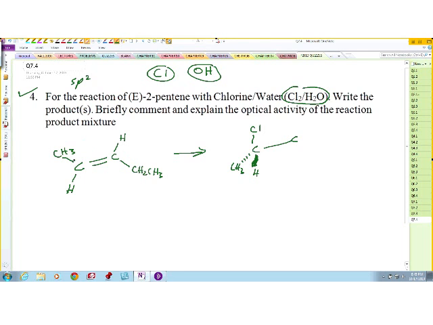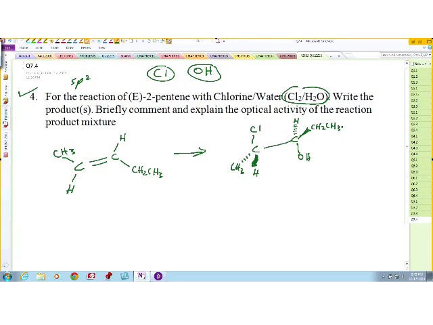When the chlorine comes here, since this is a trans addition reagent, the hydroxide will come from the opposite side on this carbon here. So therefore, the hydroxide is here, also pushing the hydrogen and this ethyl off. That would be one product.